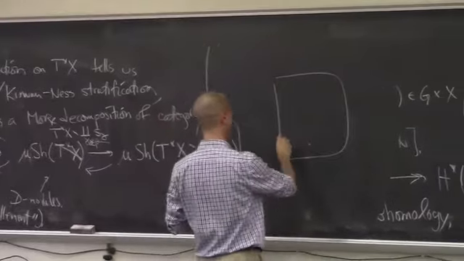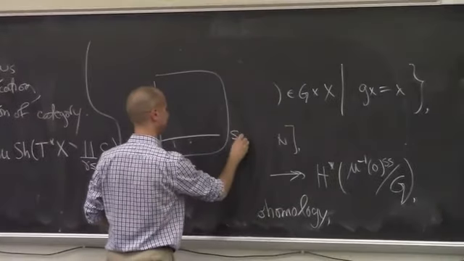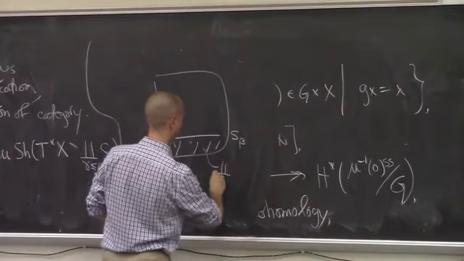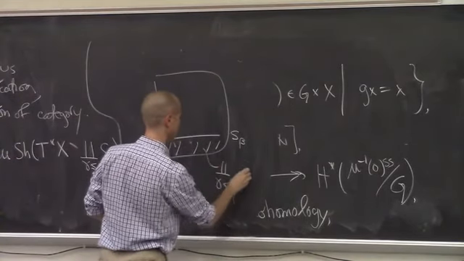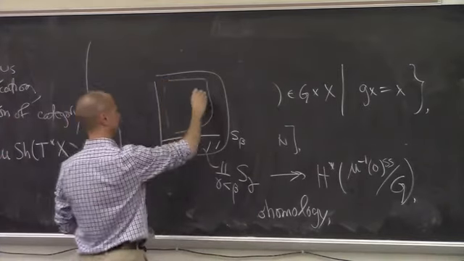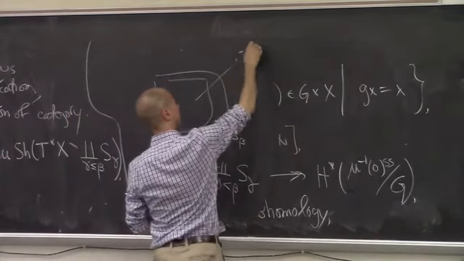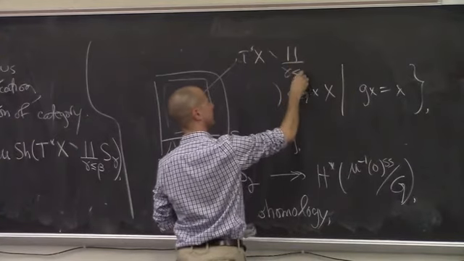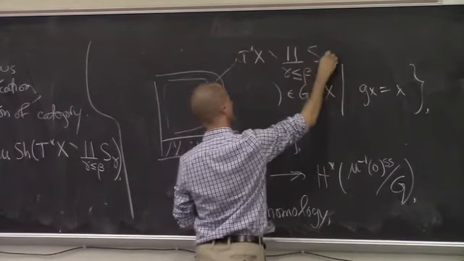So here's S beta. Here's the union over gamma less than beta of S gamma. And then here is T star X minus the union over gamma less than beta of S gamma.